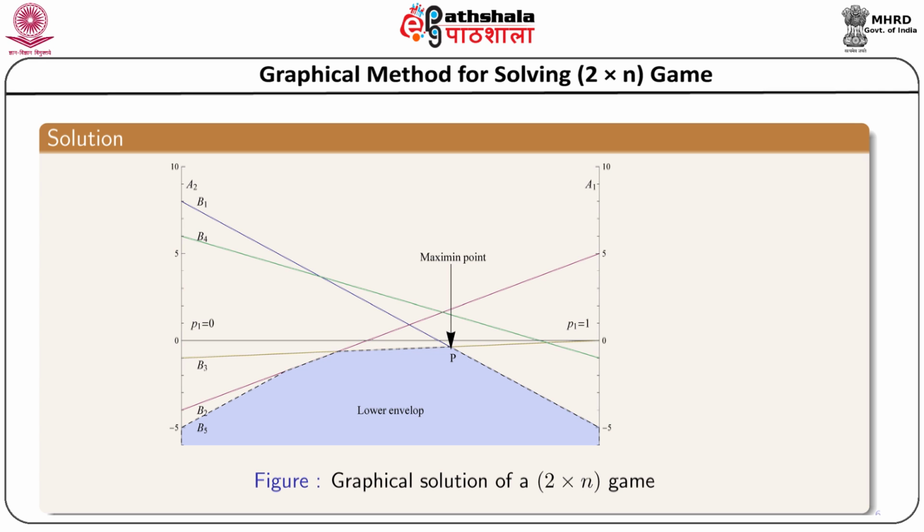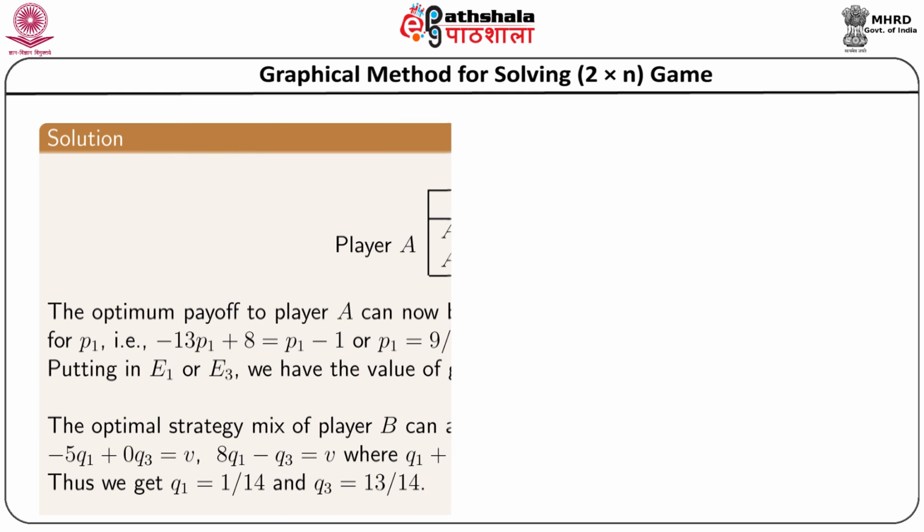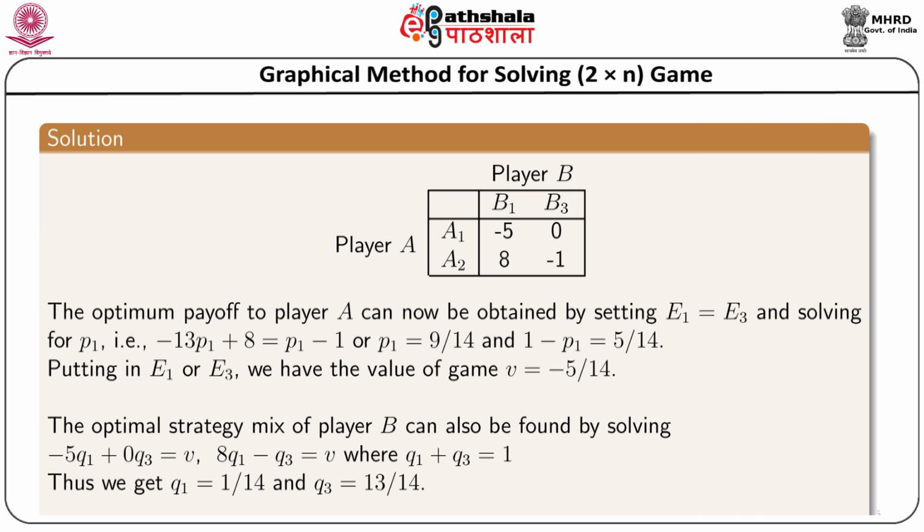Thus, the 2 by n game is reduced to a 2 by 2 game, in which player B will consider only the two strategies B1 and B3, and player A will consider his strategies A1 and A2.